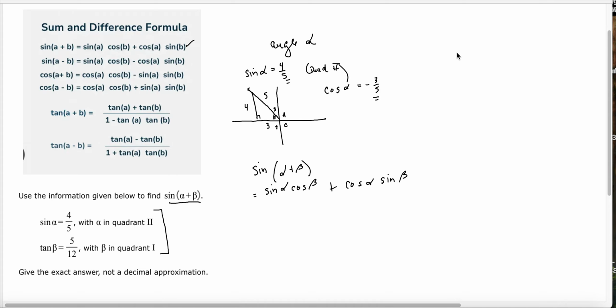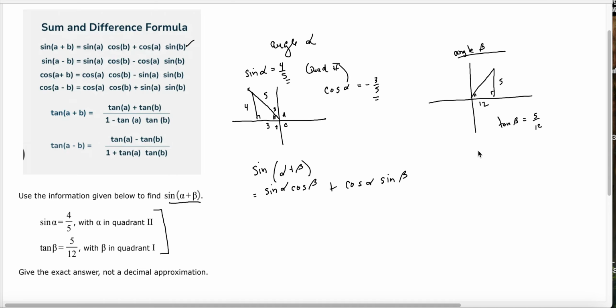Now let's do the same thing for angle beta. Angle beta is in quadrant 1, so that tells me how to draw that triangle. We'll draw that triangle like this. There's the angle that we're talking about. And we're told that tangent beta is 5 over 12. So that tells me opposite is 5 and adjacent is 12.